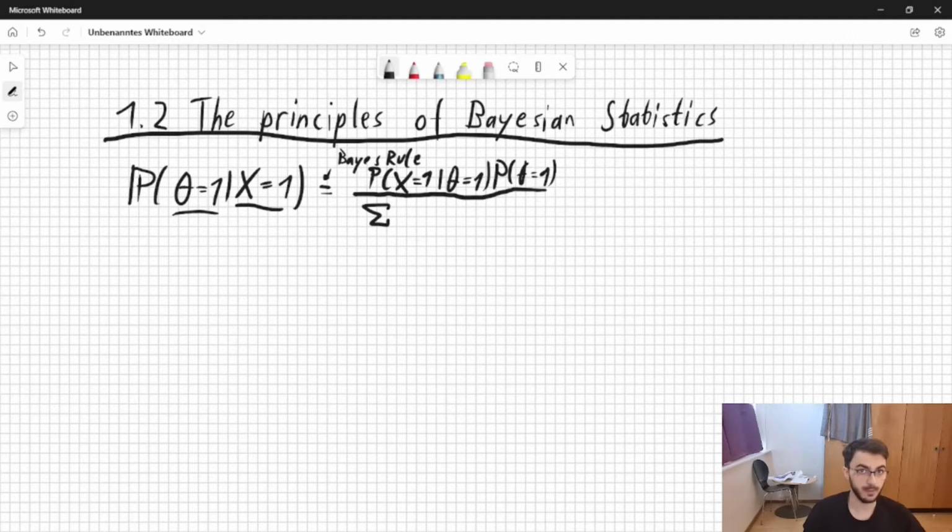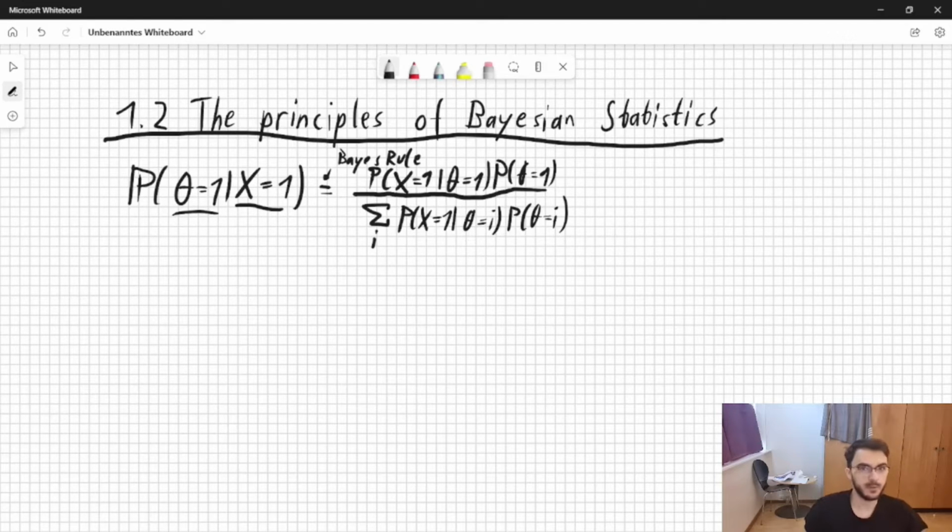In our case it was from 0 to 1, but in general, if I don't want to write out the whole thing, I just say the sum over i for all possible values of i as a kind of a shortcut.